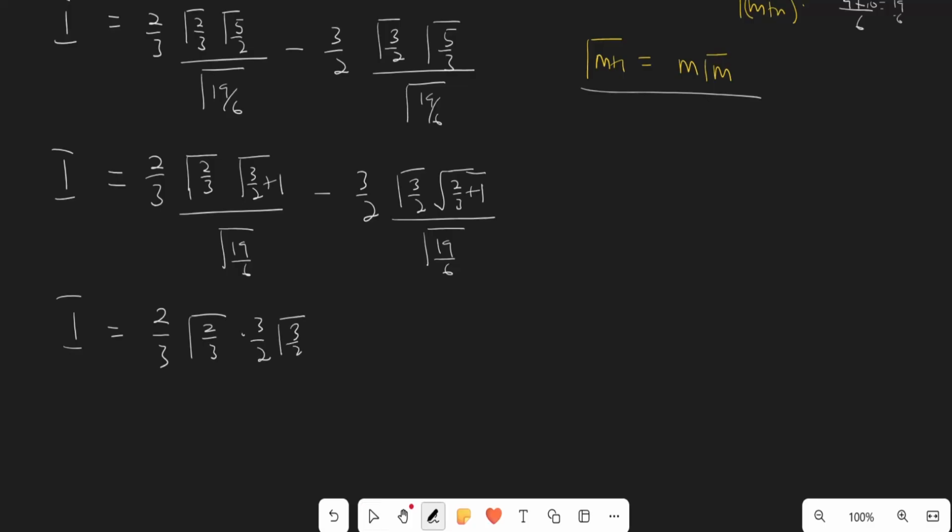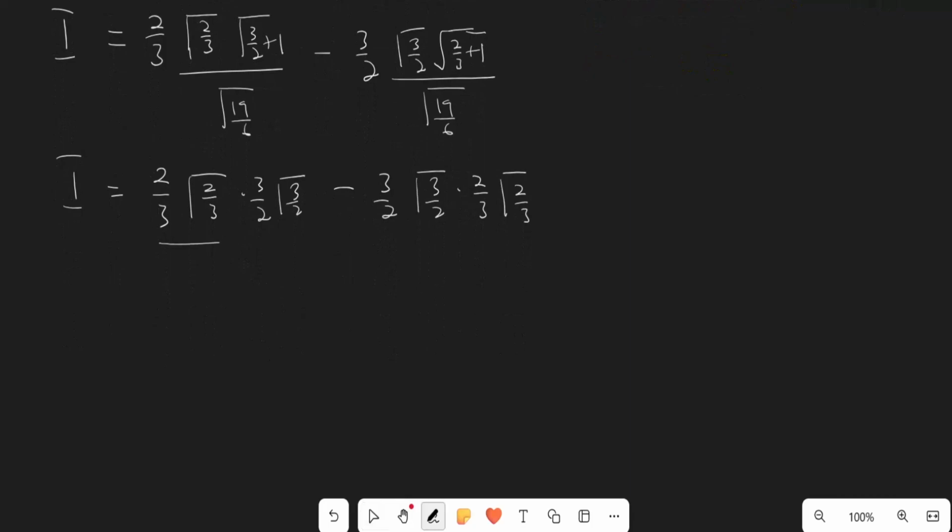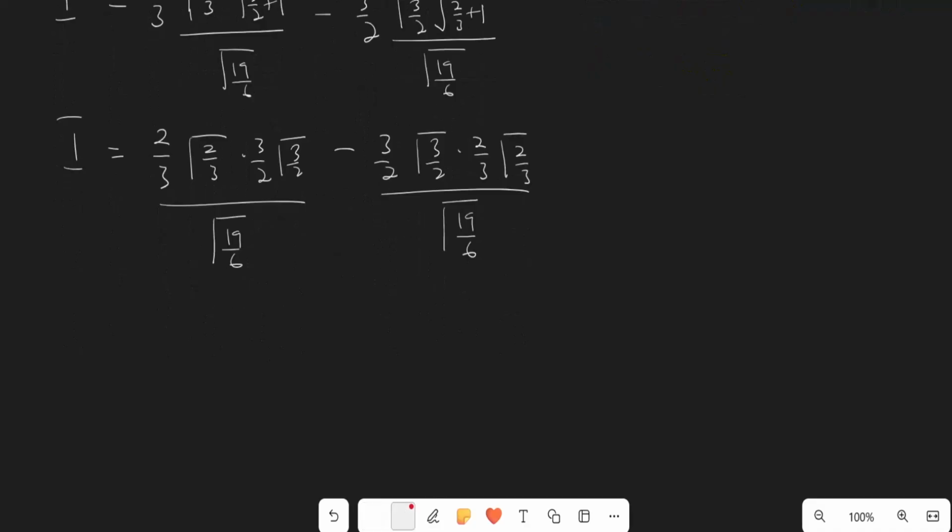Minus 3 over 2 gamma 3 over 2 times this one, which is 2 over 3 gamma 2 over 3. All of this divided by gamma 19 over 6.